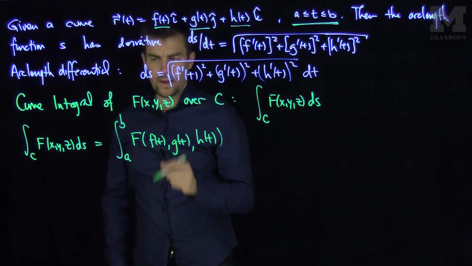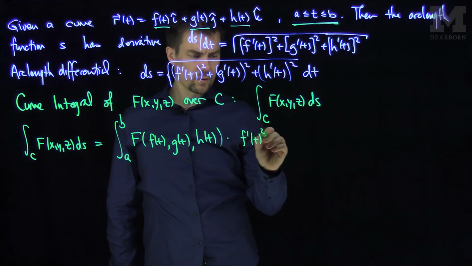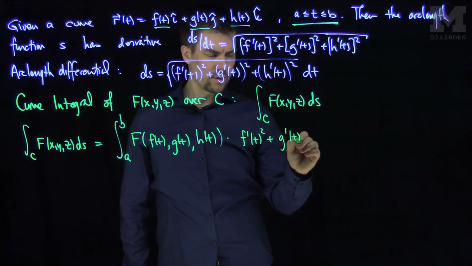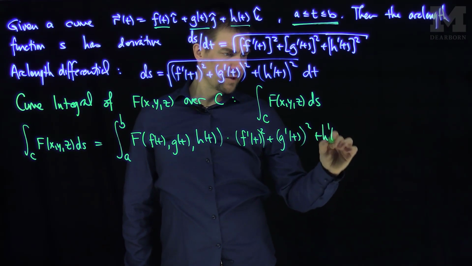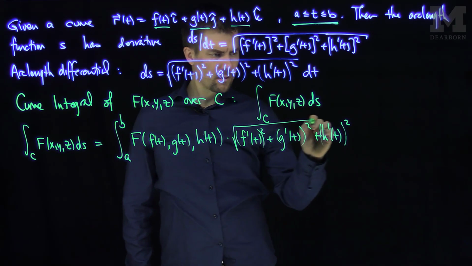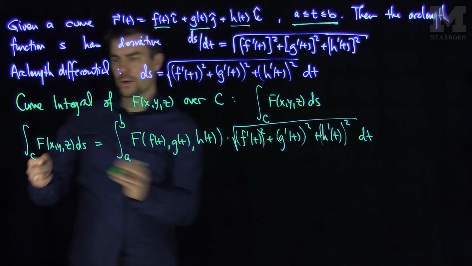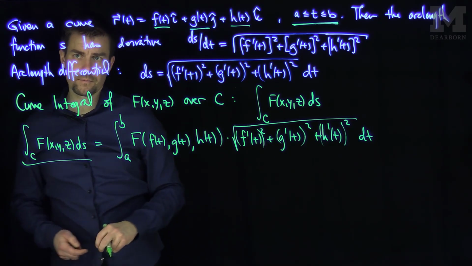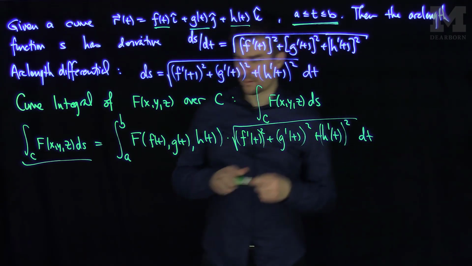And then I do ds, so I plug in this square root: f prime of t squared plus g prime of t squared plus h prime of t squared, square rooted, dt. And this turns this curve integral into a single variable calculus problem.